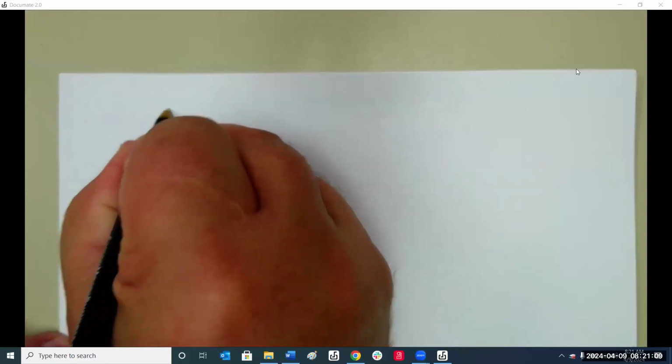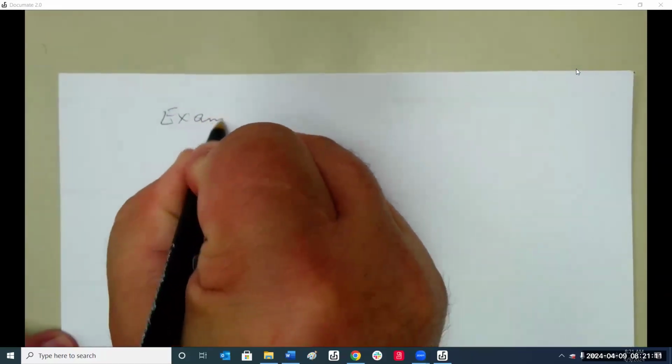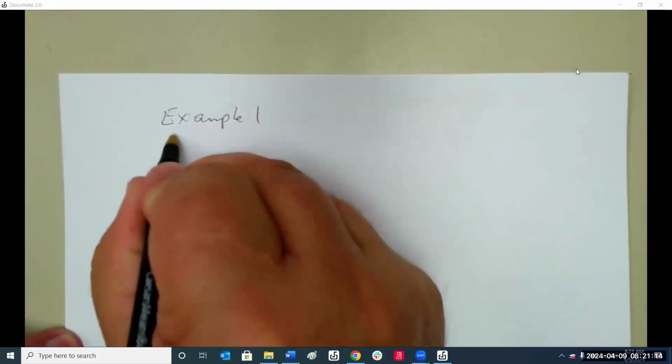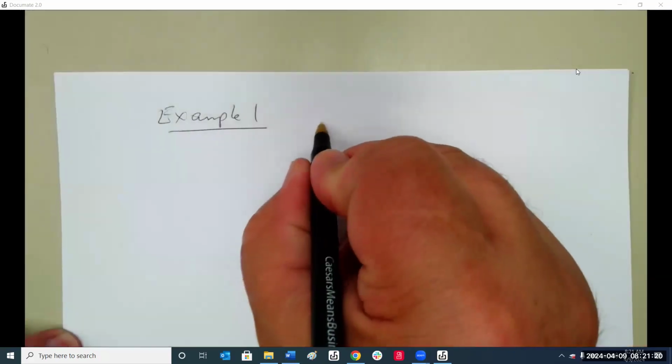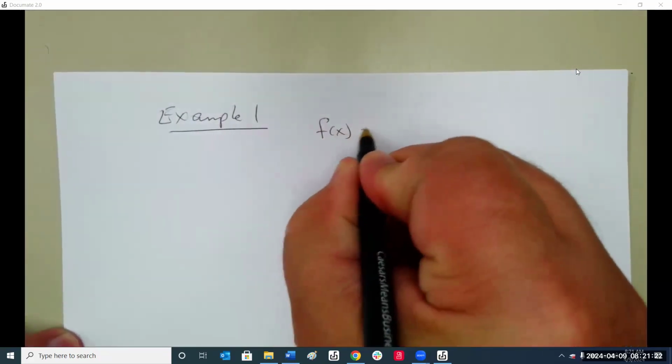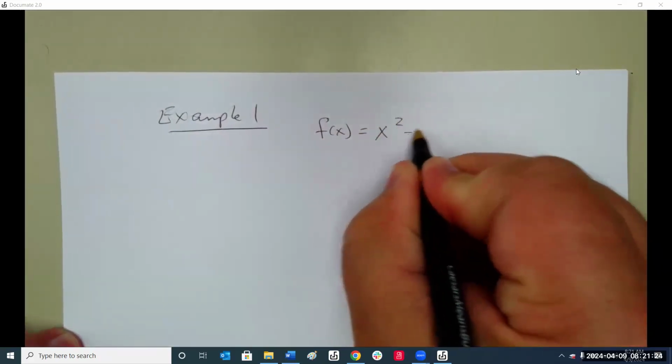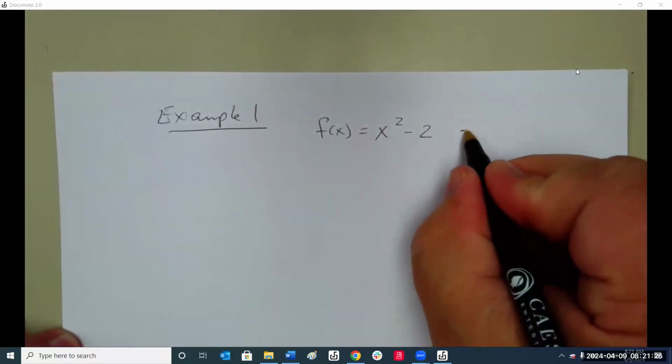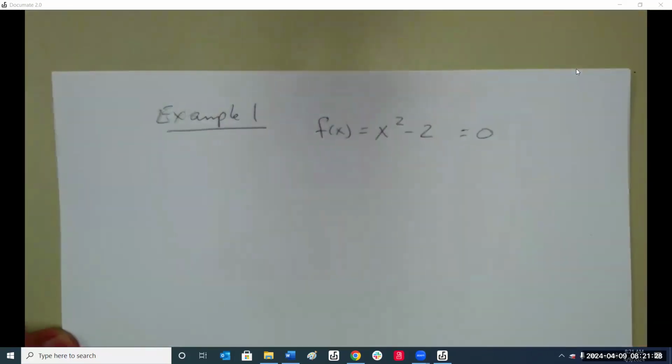Let's look at the first example then. The first example says approximate the positive root of this equation. What do we know about that equation?